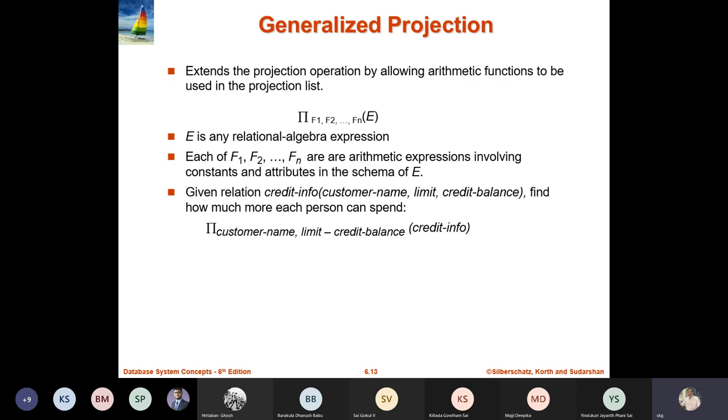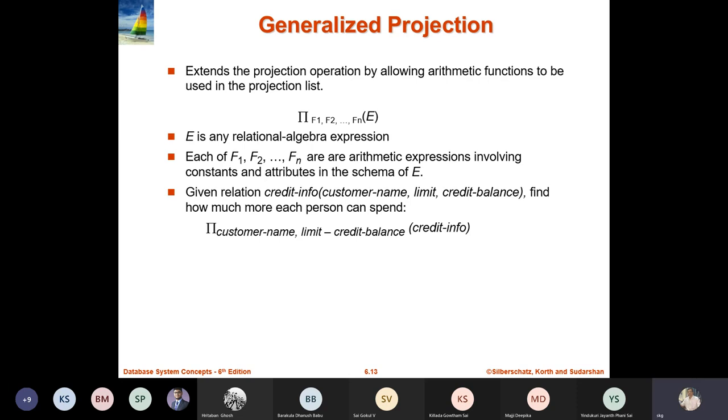Here E is a relational algebra expression. Each function F1, F2, Fn is an arithmetic expression involving constants and attributes of the schema of E. Like here, in this case, customer name and limit minus credit balance from the credit info.